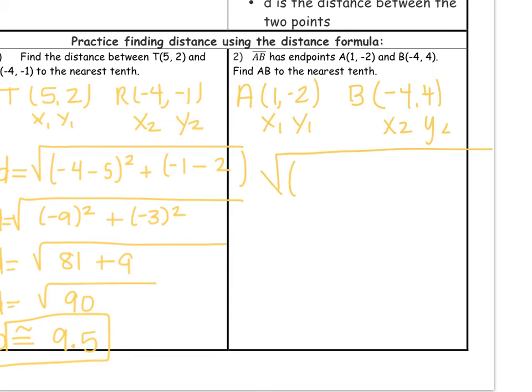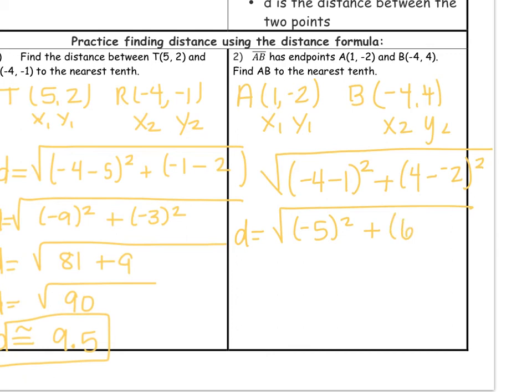I'm going to subtract my x values, negative 4 minus 1, I'm going to square it. I'm going to subtract my y values, which is 4 minus negative 2, and I'm going to square it. Simplify what's in the parentheses. I get negative 5 squared plus 6 squared.